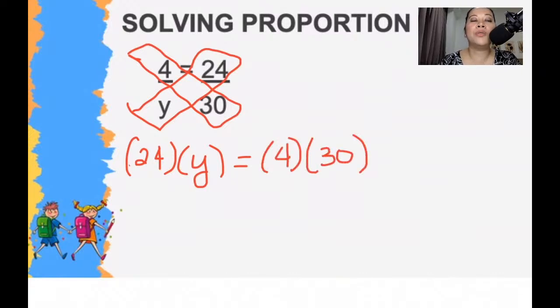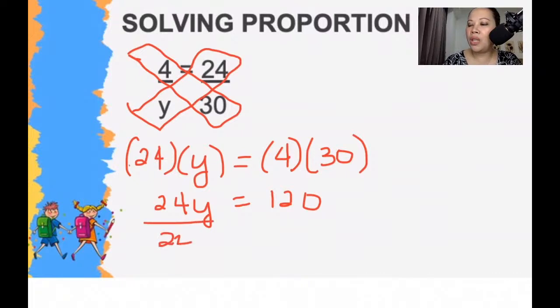So if you are asked to find the value of y that will make this a proportion, you can solve it by equating the means and extremes. So that means it has to be equal. So we have 24y on one side, and 4 times 30. 4 times 30 is 120. Okay? So you have 24y equals 120. Then you divide by 24 to get the value of y. So y is equal to, what is 120 divided by 24?